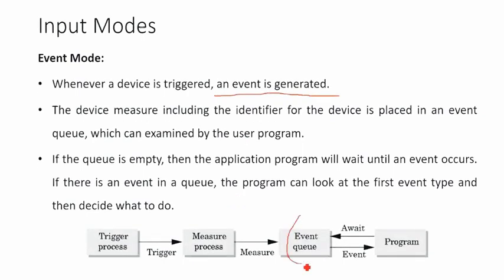This event queue will be specific to different input devices. Now, if the program is programmed to capture this input device, then it reads the measure from the queue. If it is not programmed to capture the input device, then it doesn't read this measure.